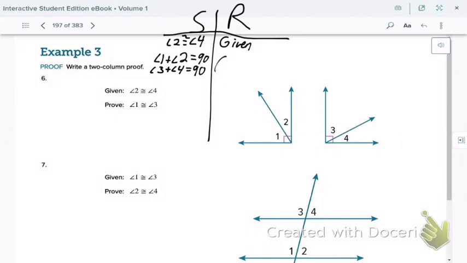So when I ask you what word means that two angles add up to equal 90, what I was looking for was the word complement or complementary. And your book calls this the complement theorem. The word theorem, all that means is it's a rule that's been proven. So we can use it. It's already been proven. We can use it.